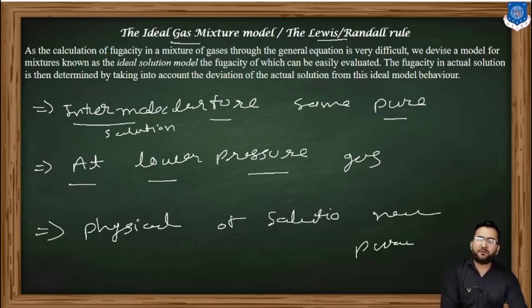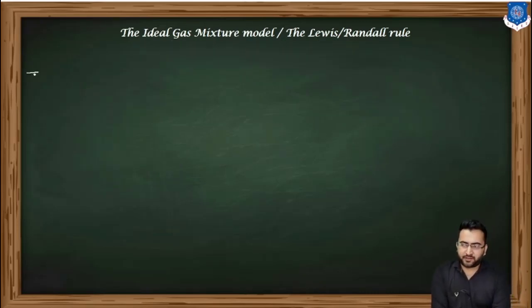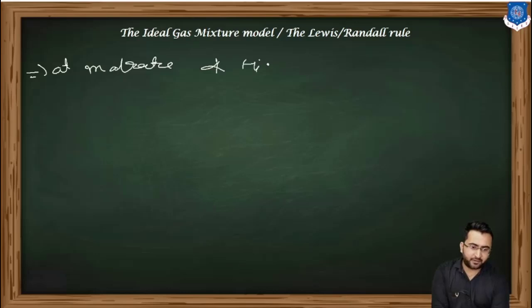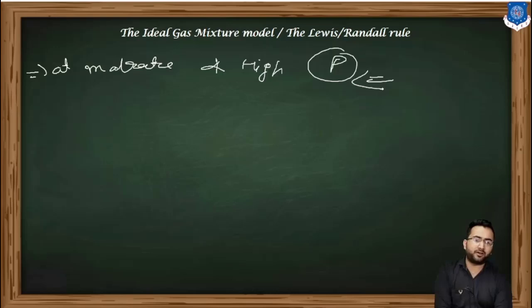The limitation of the Lewis-Randall rule, or this ideal gas model, is that at moderate pressure and at high pressure it will not give the correct result. So this is the limitation of the Lewis-Randall rule.